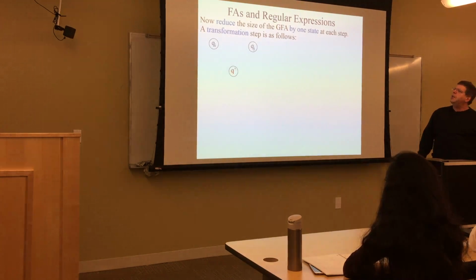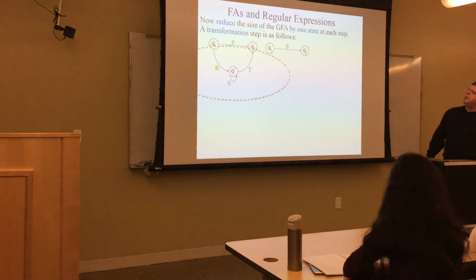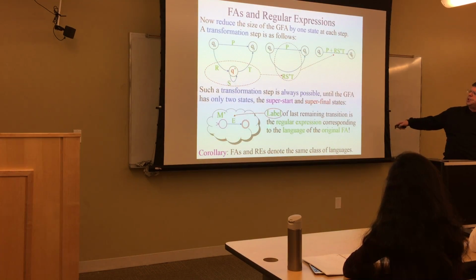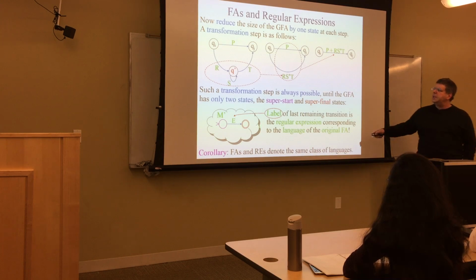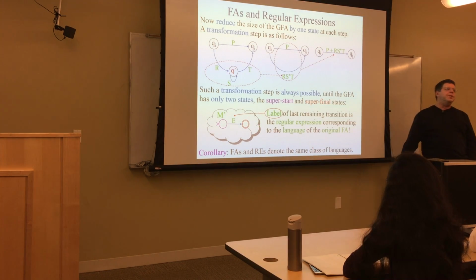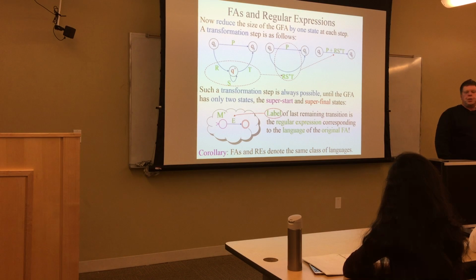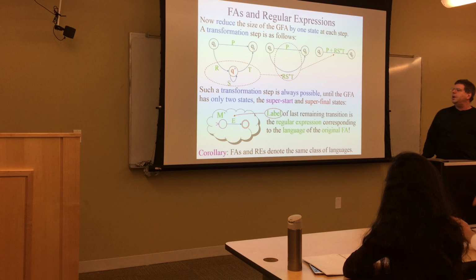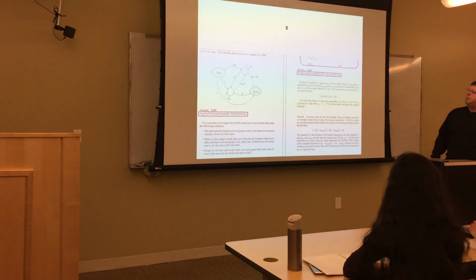You start with a regular finite automaton and then you convert it into a generalized one, and you get rid of triangles by composing and merging states and arcs. And eventually, once you do this enough, you have a single start state, a single final state, and the regular expression denoting the language recognized by the finite automaton ends up on that single arc, and that's how you can generally convert a finite automaton to a regular expression.